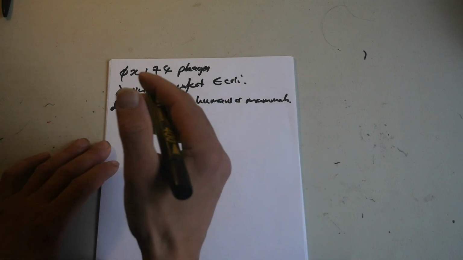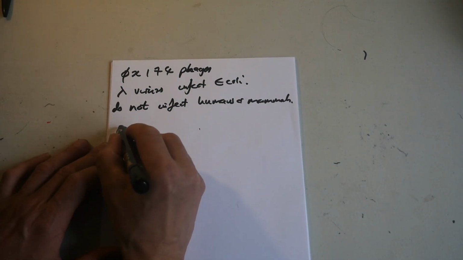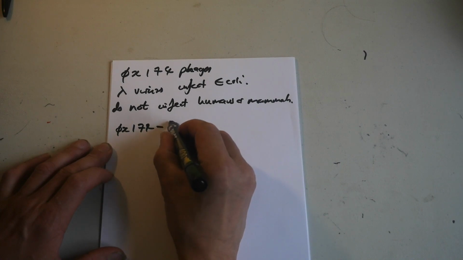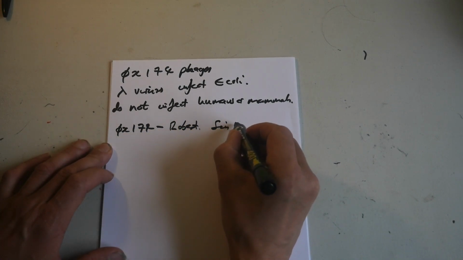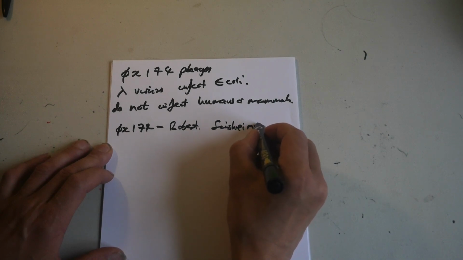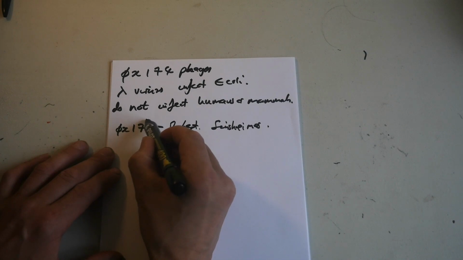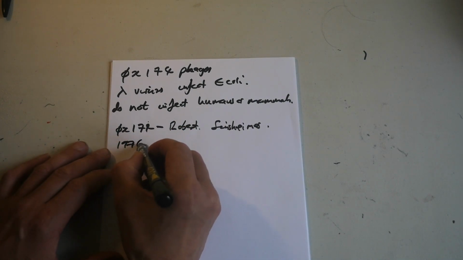So, okay, Phi-X174 was discovered by Robert Sinsheimer, and it was used to first sequence DNA by Sanger in 1976, okay?